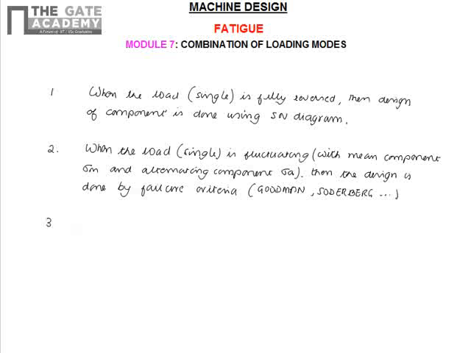Now third case is when the load is a combination. Now the load is not a single, it's a combination. That is, it's a combination of axial load, bending load and or torsion load. That is, can be axial, can be a bending load or can be a torsional load. When such kind of combination of load acts, then how is the design done?